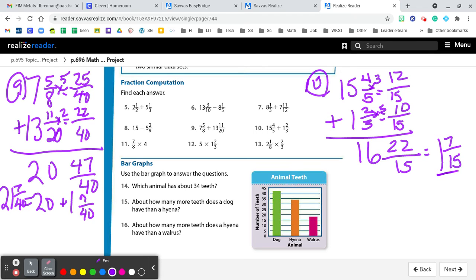So I'm going to combine that to 16. So I wind up with 17 and 7/15.